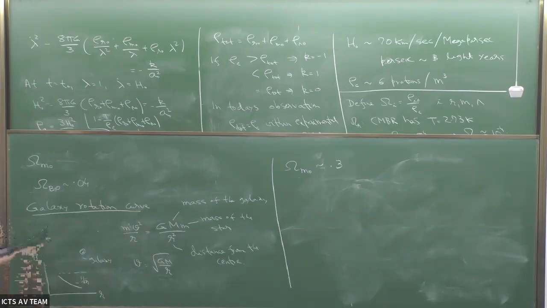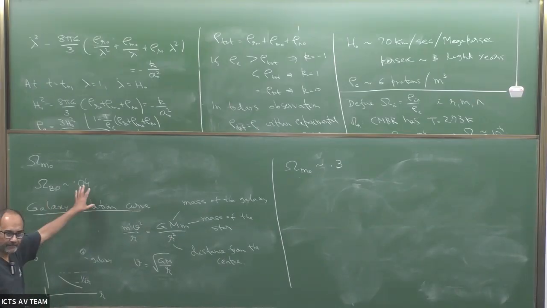You see that most of the matter is dark matter. The baryon is 0.04, and the rest is dark matter among whatever matter we have in the universe.